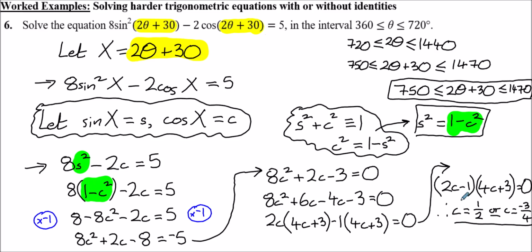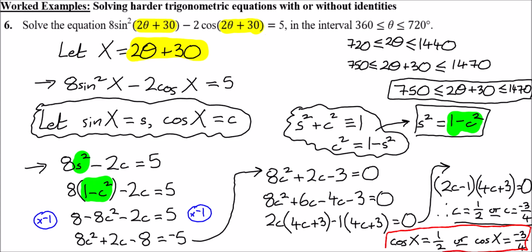So in other words, either cos of big X equals a half, or we're going to have that cos of big X is negative 3/4. And so these are the two scenarios we need to consider in turn to get our full solution.